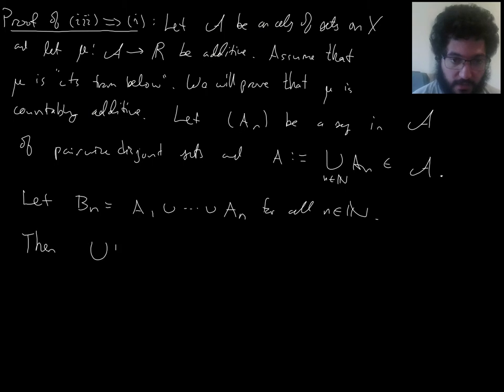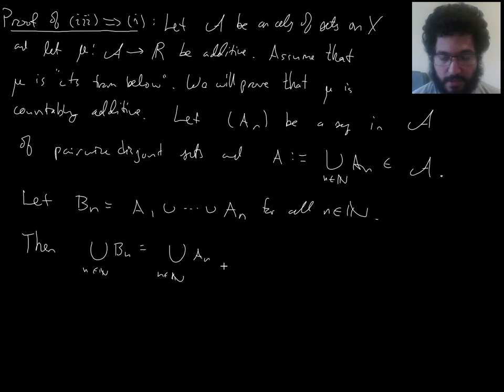Then definitely the union of the Bn's is going to be the same as the union of the ANs. That's pretty easy to prove. So that's what I refer to as A.